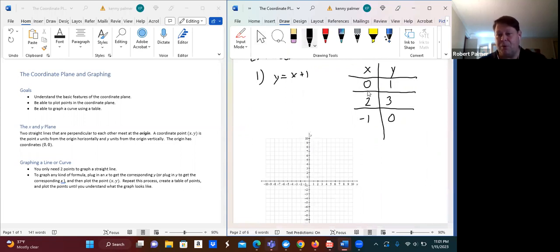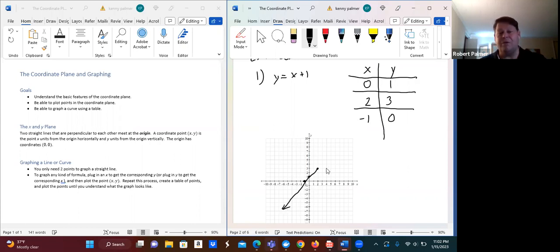Now let's plot these 3 points. So 0, 1, just as we did a minute ago, is right here. That's actually on the y-axis. 2, 3, go over 2 and up 3. And then -1, 0 is right here. So what we have then is a straight line.